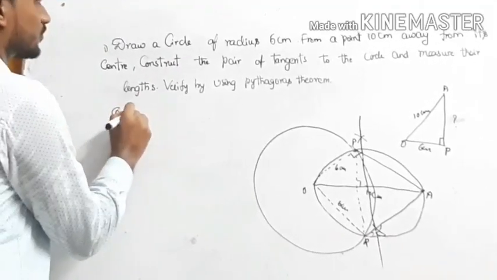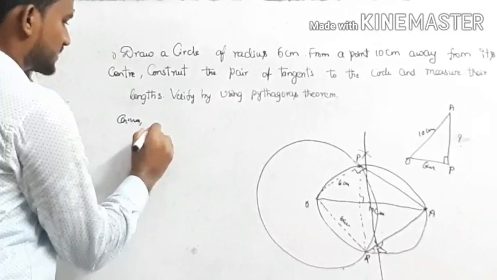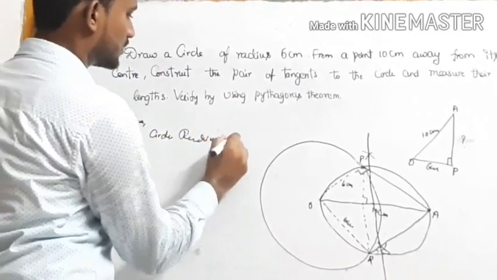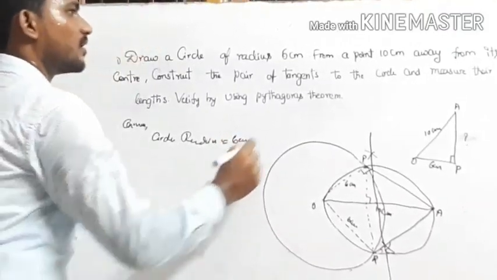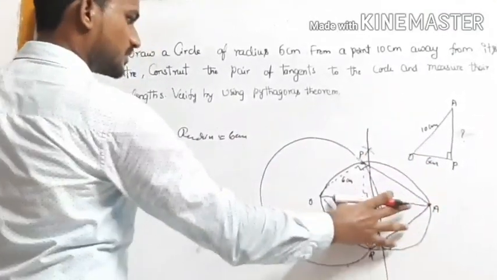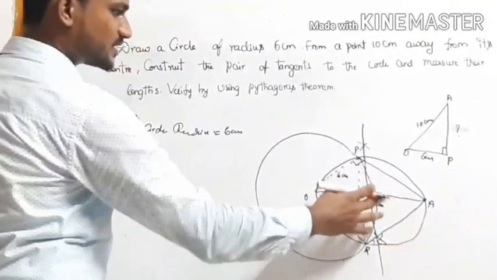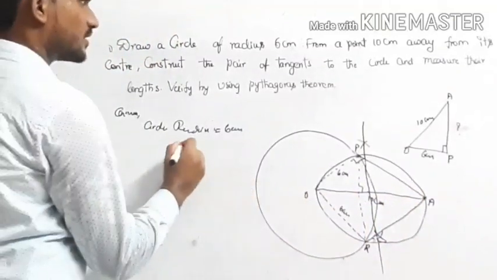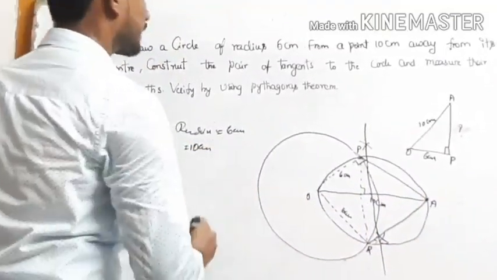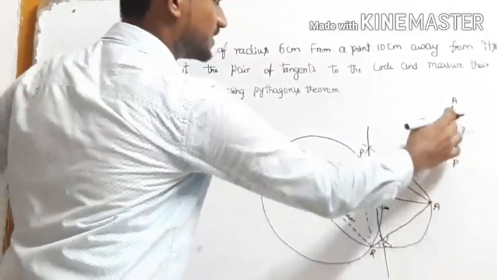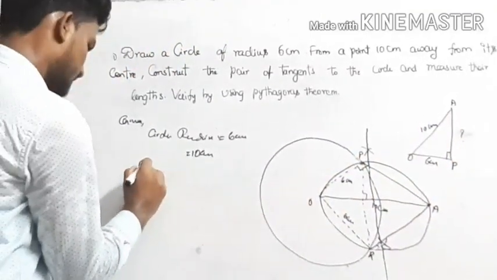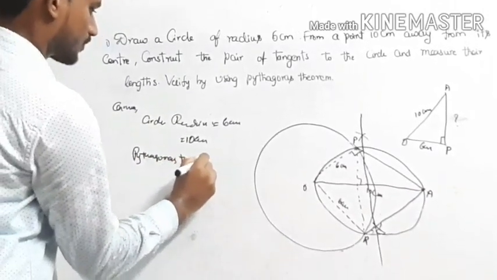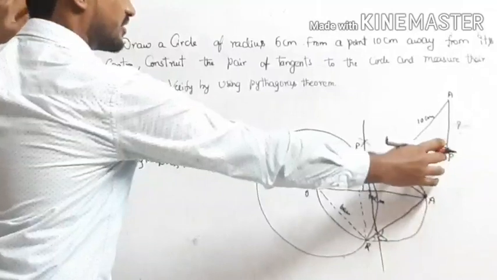Given circle radius equals 6 centimeters, and the length to the point which is intersected by the two tangents is 10 centimeters. By using the Pythagoras theorem, in this triangle you can find PA.